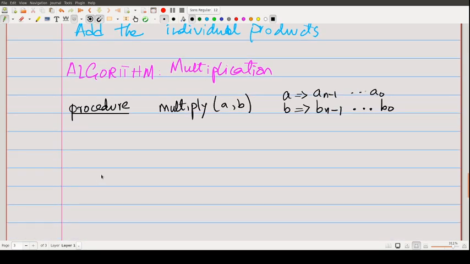Okay, and so we start the procedure by for j equals 0 to n minus 1.